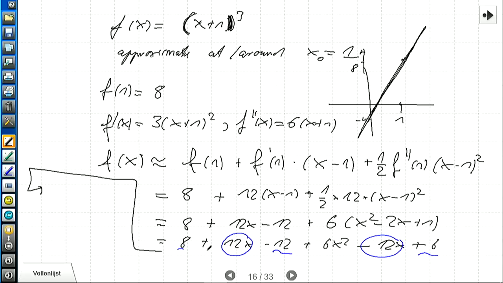And then we have 14 minus 12, so it's actually 6x squared plus 2. Correct, right? Yeah. So this is what we like. Again, we had to stop here, and this is really okay, right?